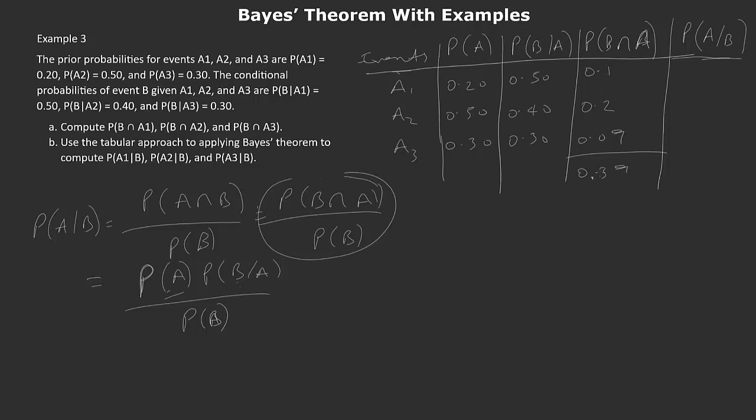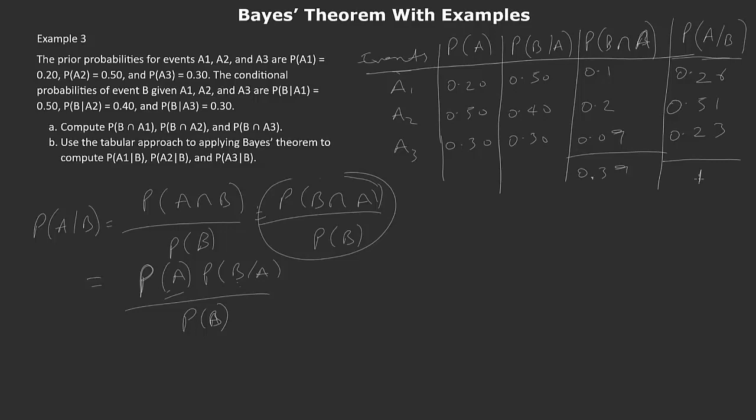So that's 0.1 divided by 0.39, and that will give you 0.26. Then for this one, 0.51. And for A3, the updated probability will be 0.09 divided by 0.39, and that will give you 0.23. If you check this, you see that the sum is 1. So that answers the second question.